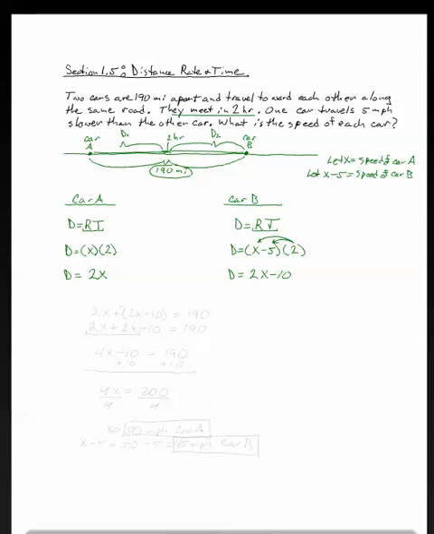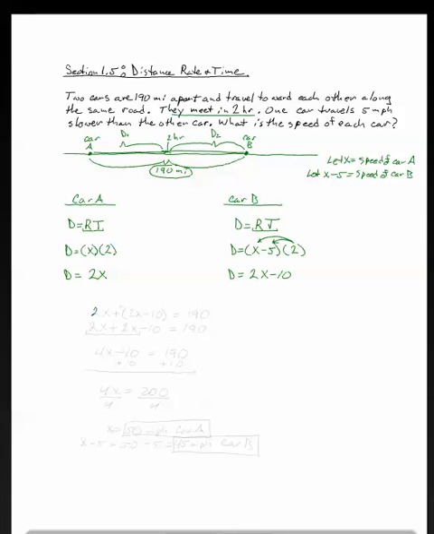Now remember, 2x is equal to the distance that car A traveled, and 2x minus 10 is the distance that car B traveled. And if we add up the distance that car A travels plus the distance that car B travels, it's 190 miles.